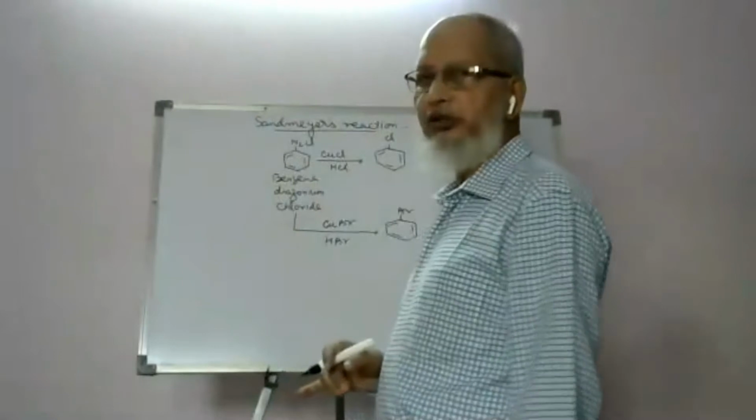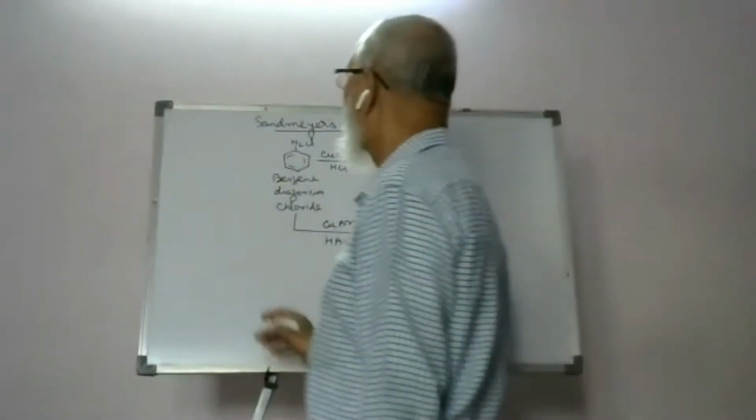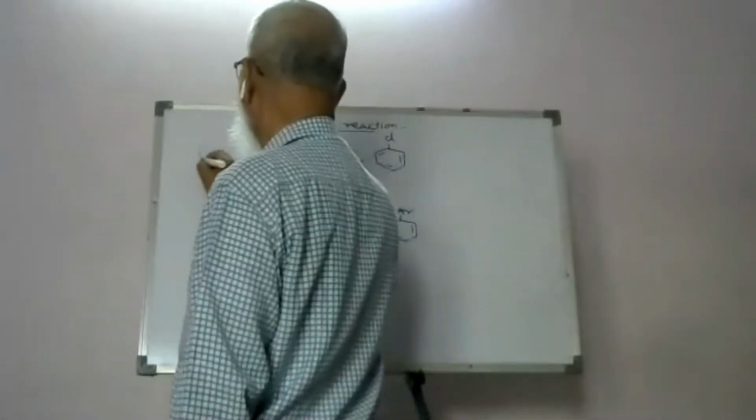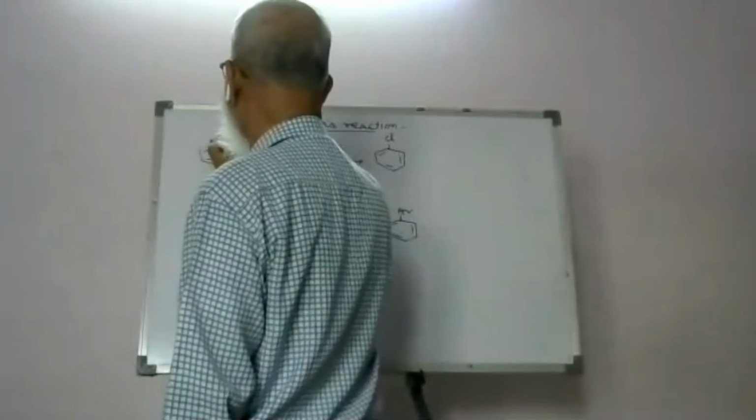Now this benzene diazonium chloride, when required, can be prepared from aniline. This aniline has an NH2 group present on the benzene nucleus.